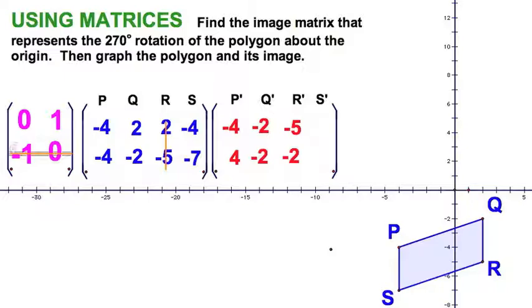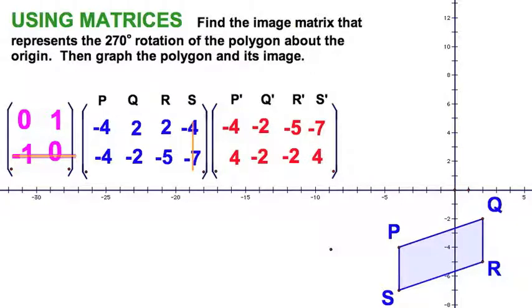One more. First row times the last column. 0 times -4, 1 times -7, and that's going to give us a -7. And finally, the last row times the last column, -1 times -4, plus 0 times -7, and that'd be good for a 4.